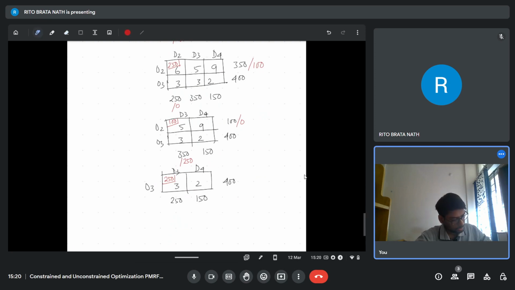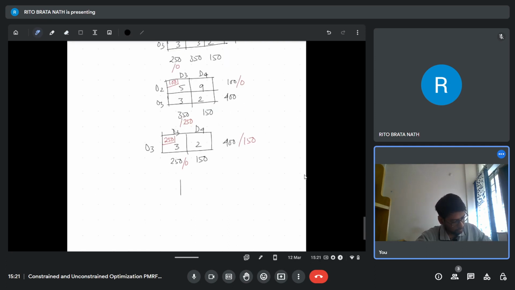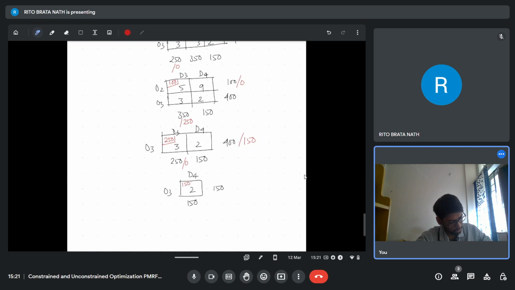So this becomes 150, this becomes 0, and now we're left with this D4, O3, this is 2, this is 150, 150, and now the allocation will be in the single cell. So now let me calculate the total cost.